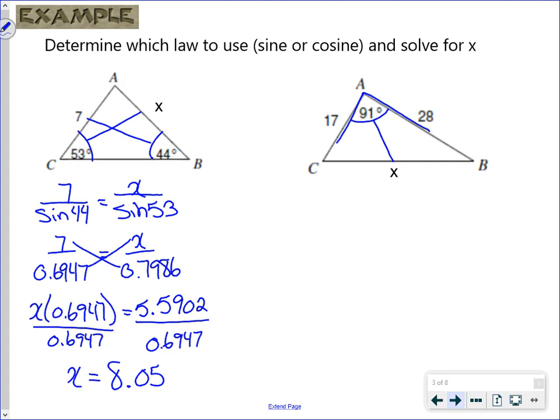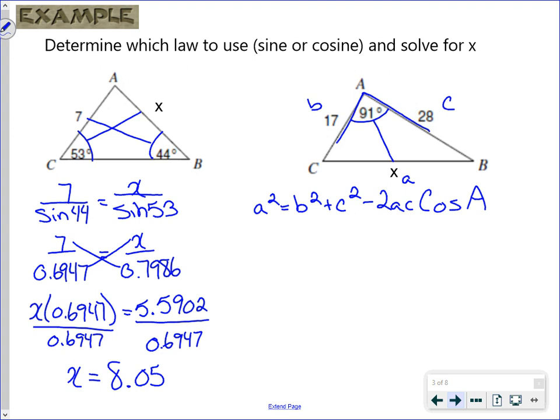To label the triangle, directly across from angle A is side A, across from angle B is side B, and across from angle C is side C. So our cosine law will be a squared equals b squared plus c squared minus 2bc times cosine of angle A.